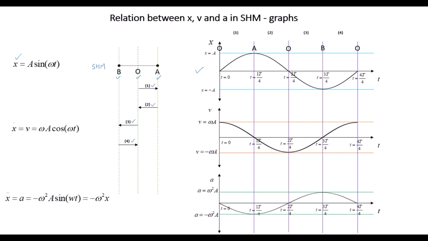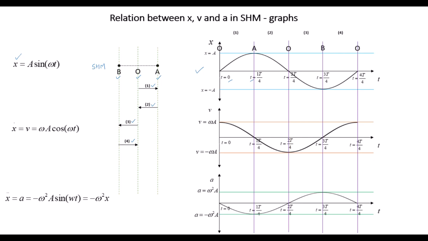So let's analyze the graph for the displacement. So when the object is moving in step number 1 from time t equal to 0 to time t equal to T over 4, that is 1/4 of the time period. Time period is the time taken to complete one cycle of oscillation or SHM.